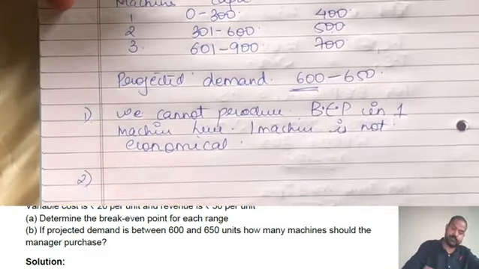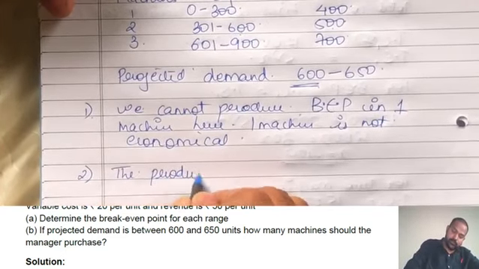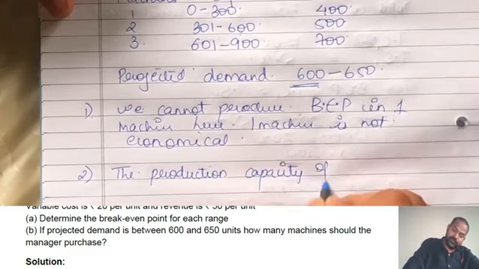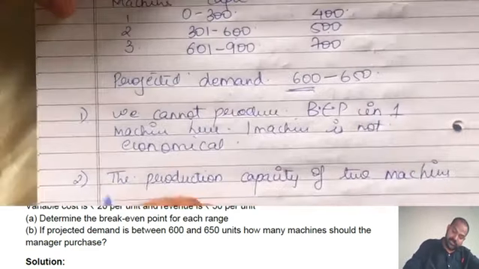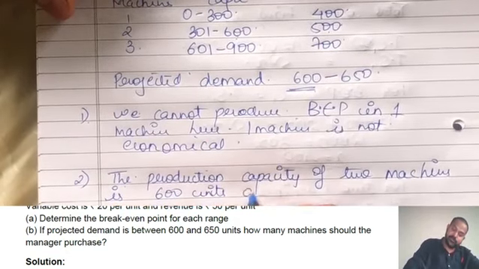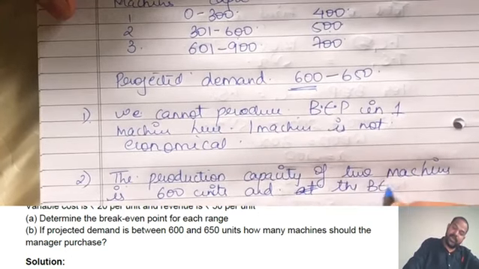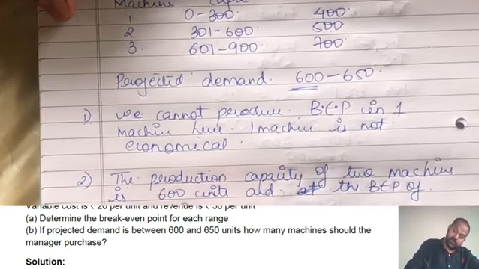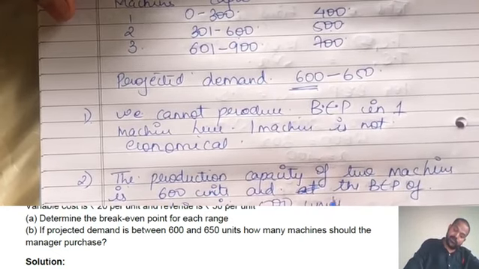So number 2, the production capacity of two machines is 600 units, and the break-even point of two machines is 500 units.